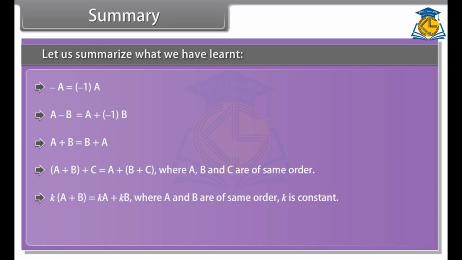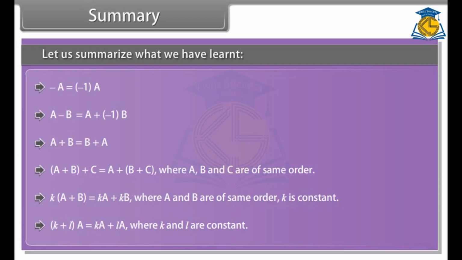K into A plus B is equal to K into A plus K into B, where A and B are of the same order.